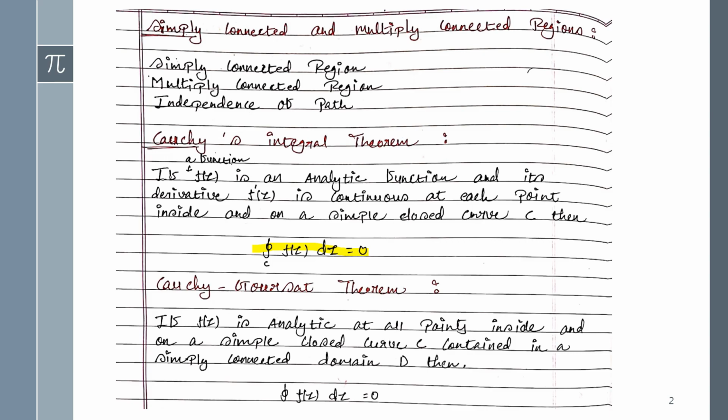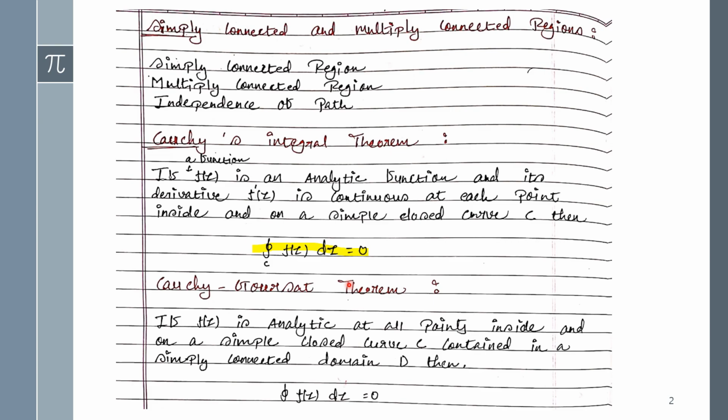And with the same, one more definition is given, the Cauchy-Goursat theorem. Here, if f of z is analytic at all points inside, that is at all points of its inside region, and on a simple closed curve, meaning its boundary is fixed, like mod z equals to 2, mod z equals to 3, mod z equals to 1.5, then it is fixed. It is not like mod z is less than 2 and mod z is greater than 3.